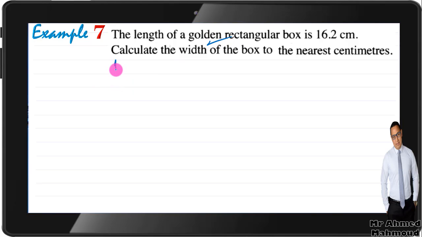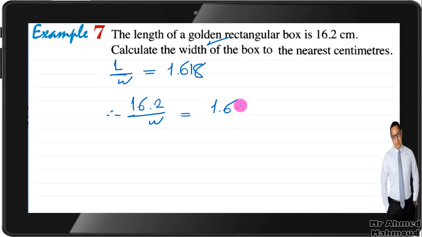So length over width equals 1.618 over 1. Therefore the length here is 16.2 over the width, which equals 1.618.